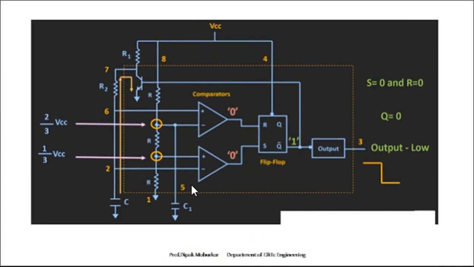Now after the capacitor reaches 2 by 3 VCC, it will start discharging through resistor R2.